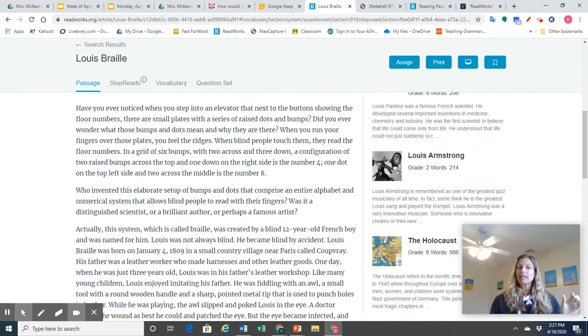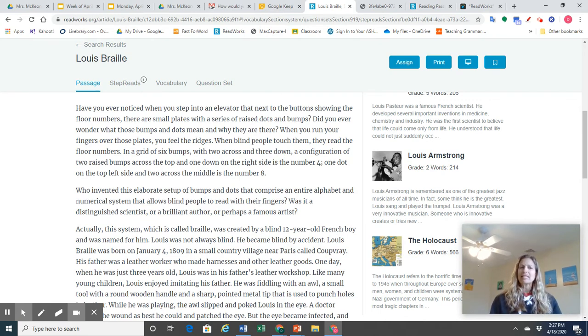In a grid of 6 bumps with 2 across and 3 down, a configuration of 2 raised bumps across the top and 1 down on the right side is the number 4. 1 dot on the top left side and 2 across the middle is the number 8.